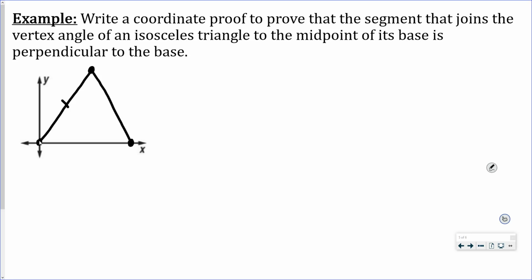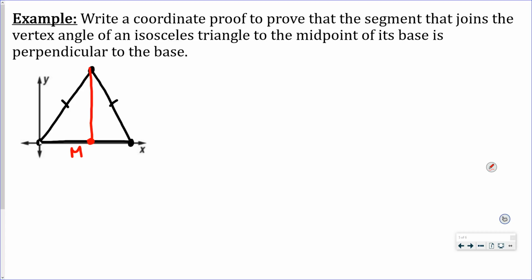And I'm going to say these are my 2 congruent sides for this proof. What they want me to prove is that the segment that joins the vertex angle, that'd be this angle, to the midpoint, I'm going to call it M, of its base is perpendicular.